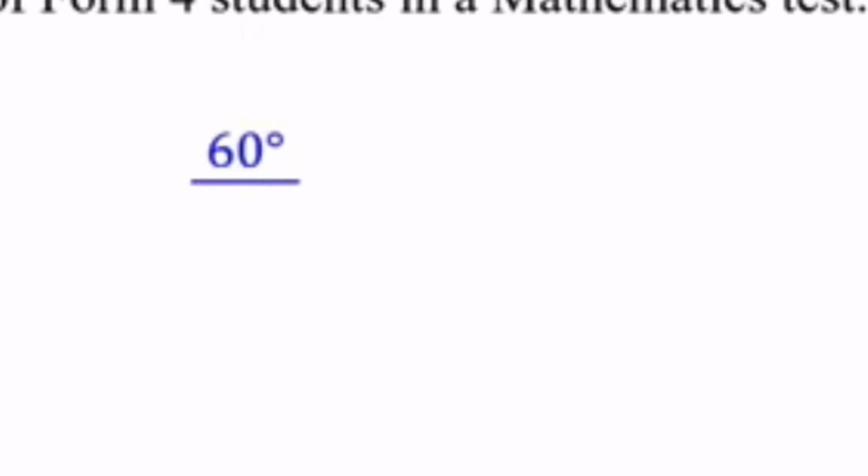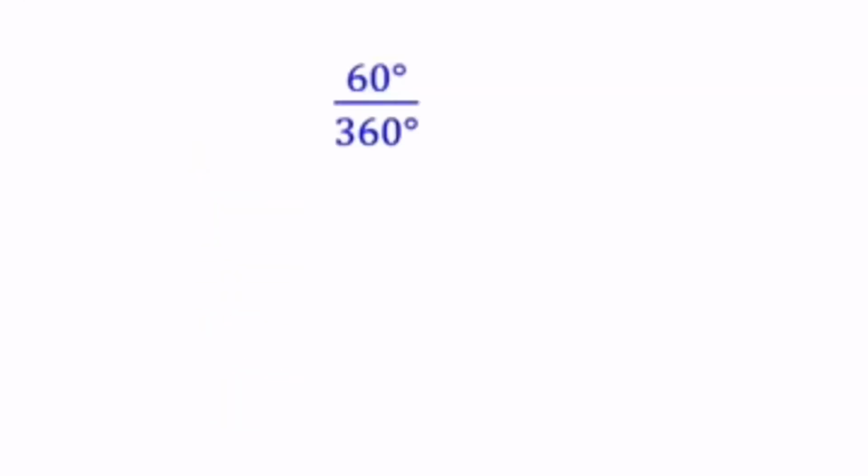So we will write like this: 60 degree over 360 degree is equal to the portion that is referring to 60 degree, and 60 degree is referring to 10, the number of the students is 10.